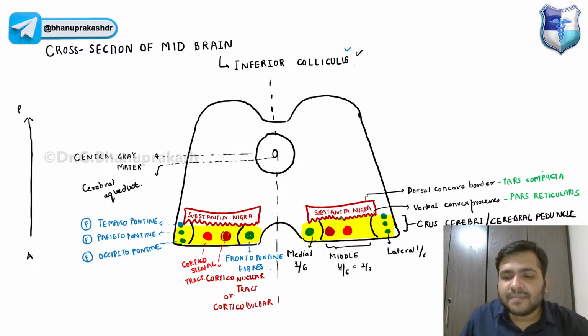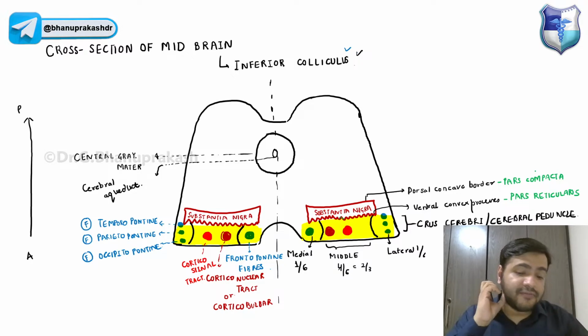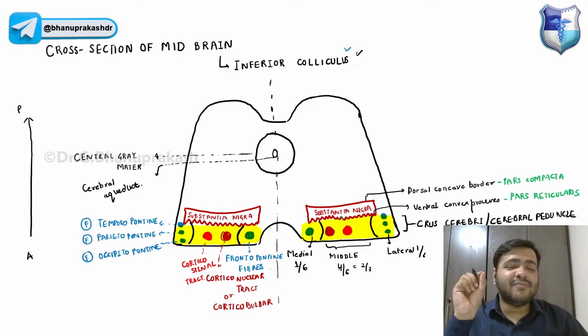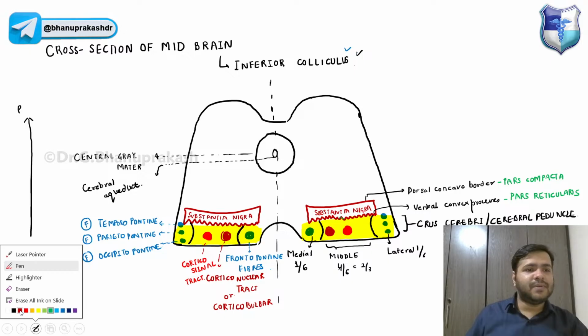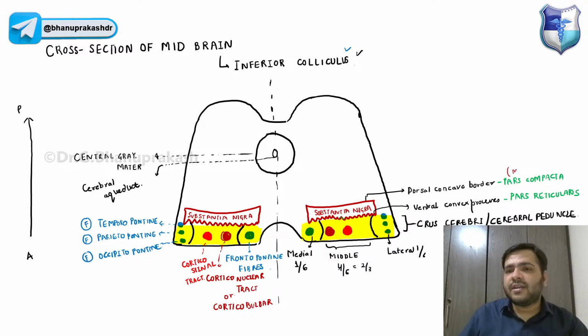The pars compacta contains a huge amount of melanin pigment. It contains a very small number of neurons, but a larger amount of melanin pigment. The pars reticularis contains iron pigments and large multipolar neurons, whereas only a small number of neurons can be seen in the pars compacta.